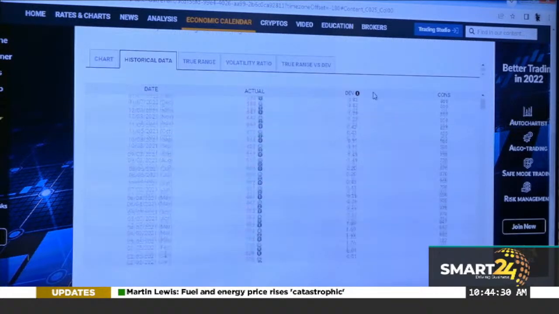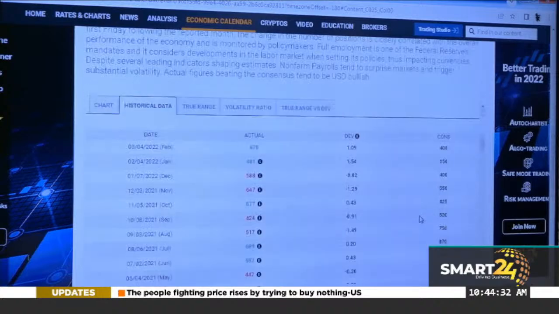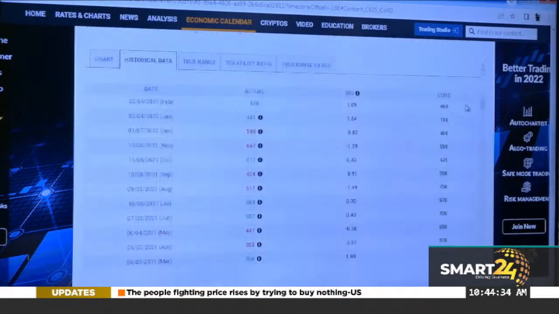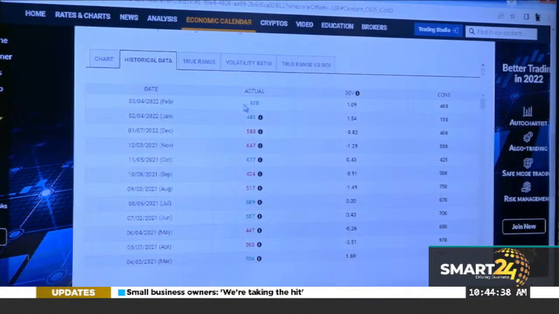So you can see previously you'd have the consensus as this figure. You can look at the non-farm payrolls for February. The previous figure was 481. The consensus was 400, so we expected price to go down. We expected this to be very bad, and the actual figure was 678.